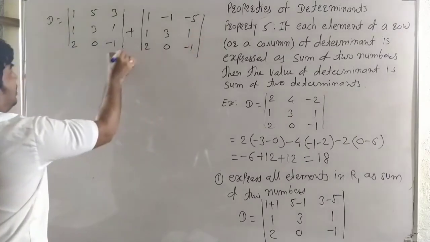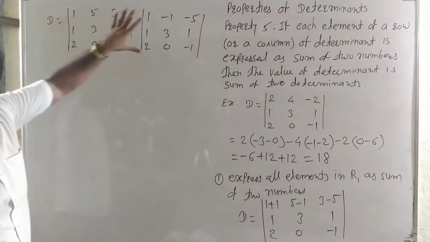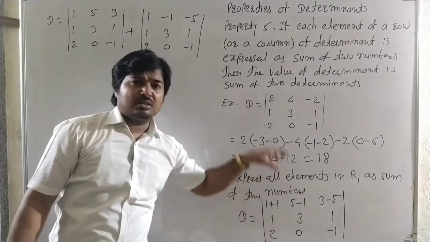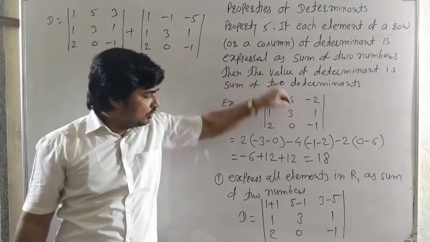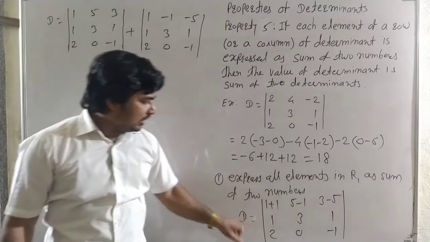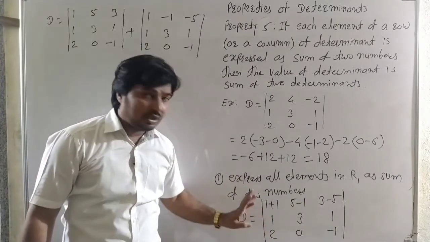Now we get these two determinants. We express all elements in row 1 as the sum of two numbers, then we get two determinants, with row 2 and row 3 as it is.